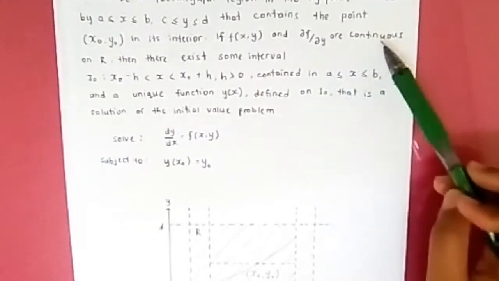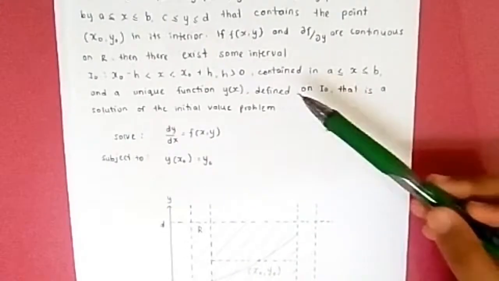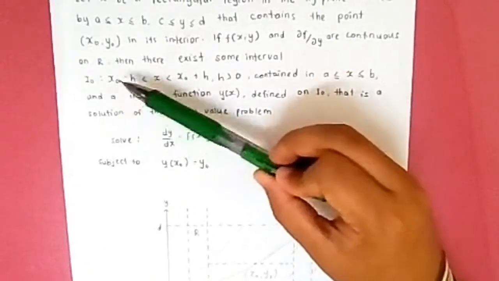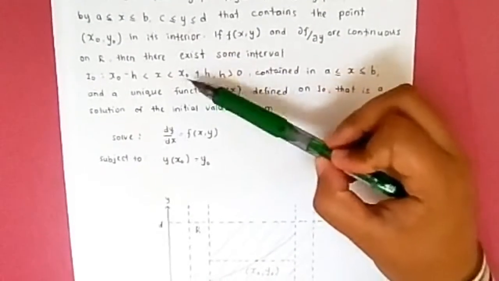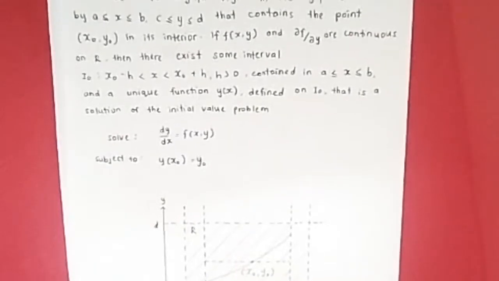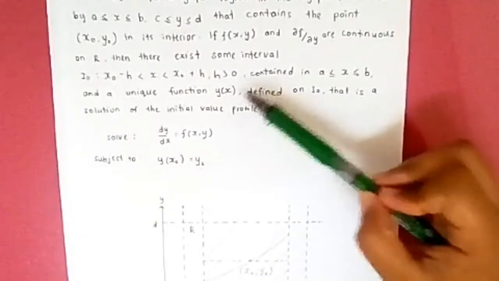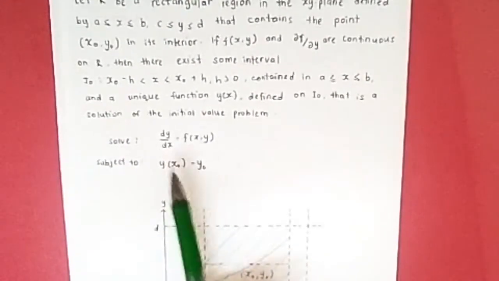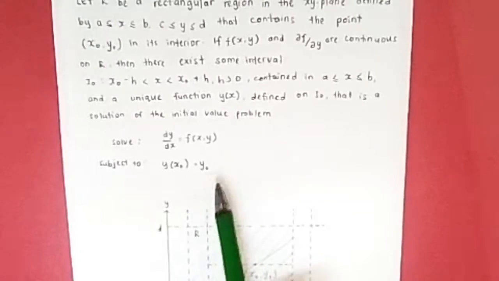If f(x,y) and partial f over partial y are continuous on R, then there exists some interval I0, x bigger than x0 minus h and smaller than x0 plus h, h must be bigger than 0, contained in the x-axis between a and b, and a unique function f(x) defined on I0 that is a solution of the initial value problem dy over dx equals f(x,y) subject to y(x0) equals y0.